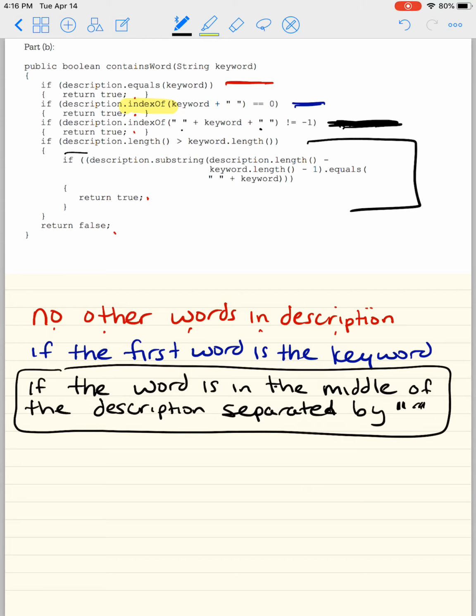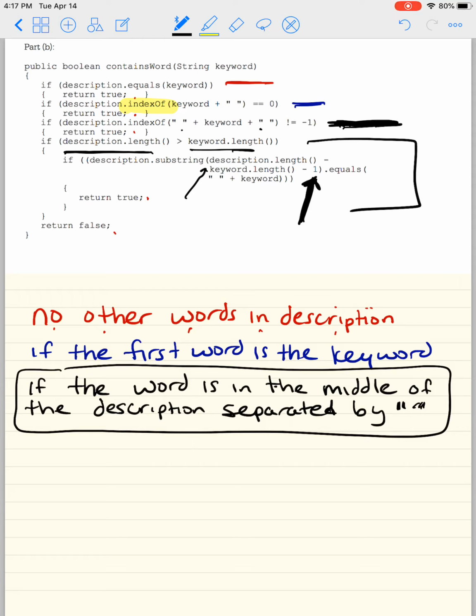First, your description length must be greater than the keyword length. So I took one of their examples and I wanted to show you what they did here. Description.substring, and the parentheses for the dot substring end here and it starts here, and there's no comma in between, so that means it's going to chop off wherever the index is.